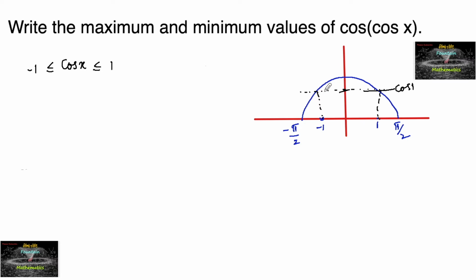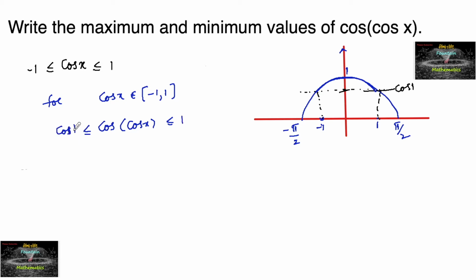And also we observe that for -1 to +1 the cosine graph will be between cos 1 and 1. So for cos x belonging to [-1, +1], the cosine of any value between -1 and +1 will lie between cos 1 and 1.